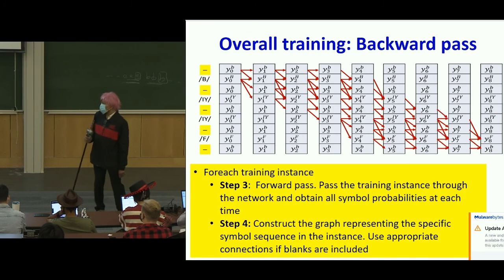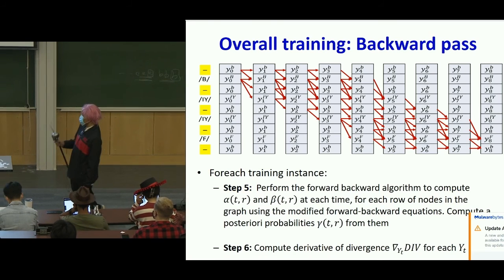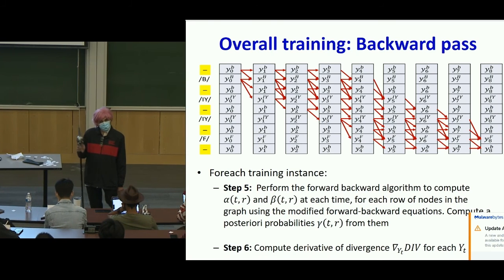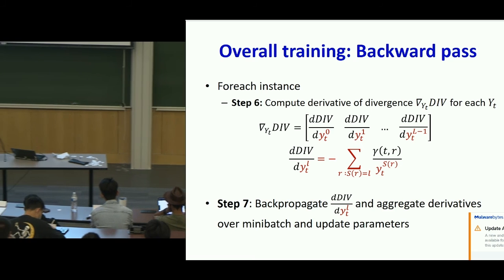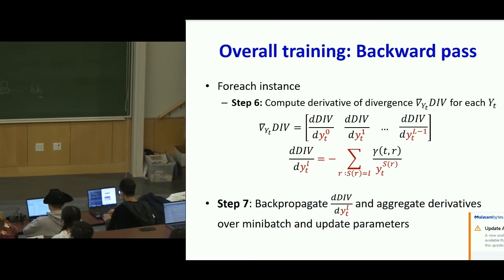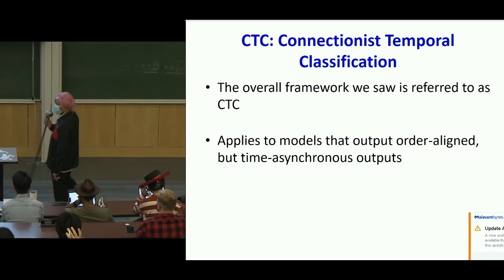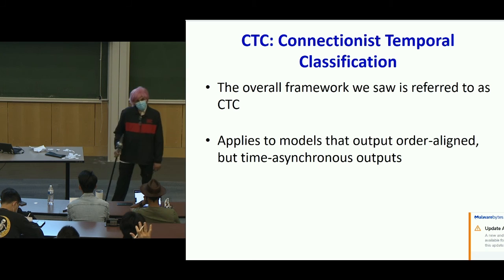Then you're going to compose this graph, which also includes the blanks. And then you would perform your forward backward through this to compute the alpha and beta for every node in the graph. And finally, use those alphas and betas to compute your divergence and the derivatives. And this is what you'd use for backpropagation. So this overall framework that we just saw is what is called CTC.